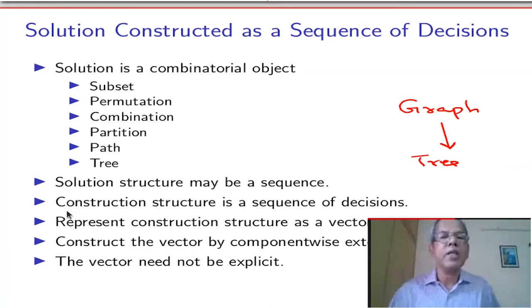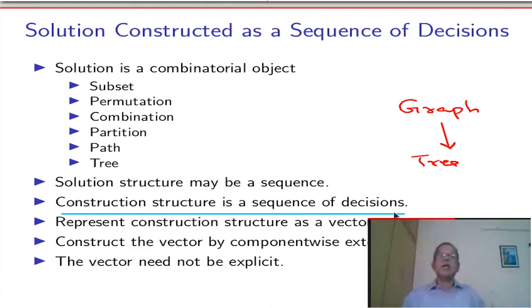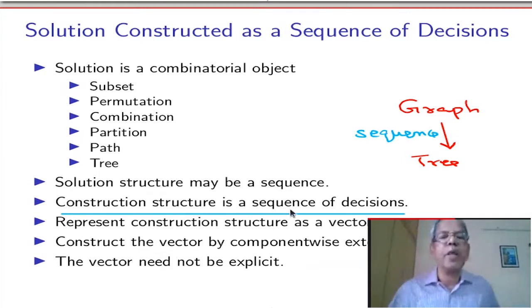When the construction structure is a sequence of decisions, the graph reduces to a tree. We can represent the construction structure as a vector or array or list or whatever you call it.